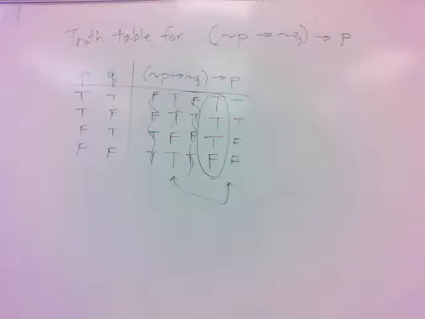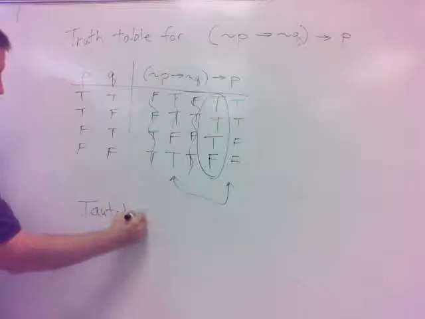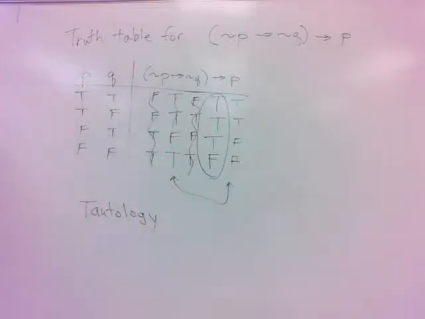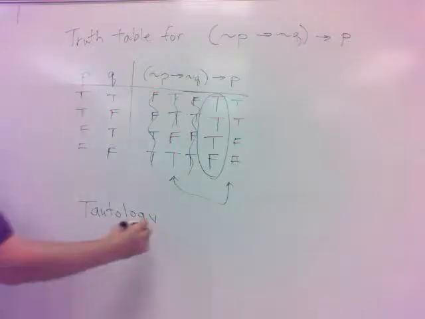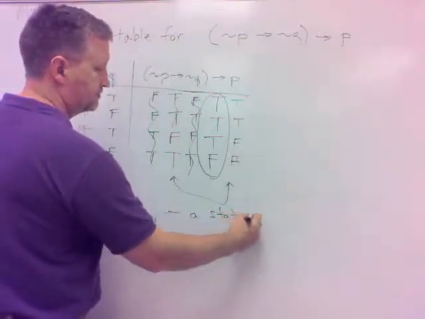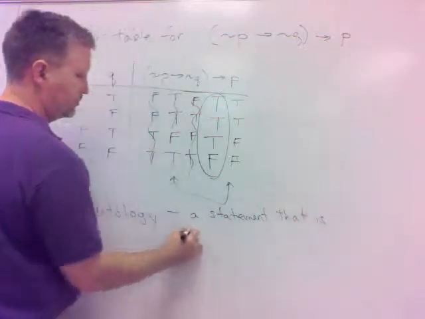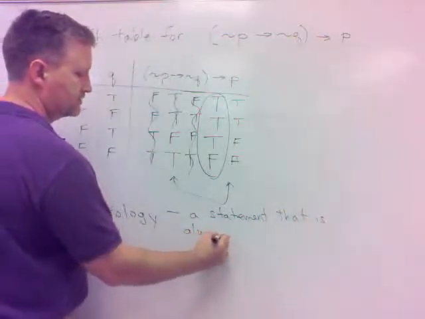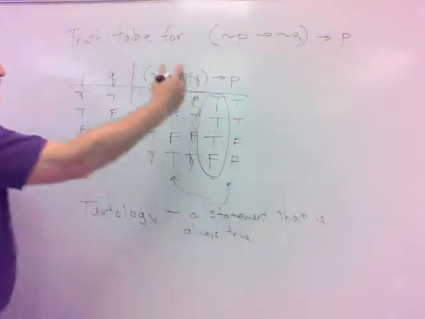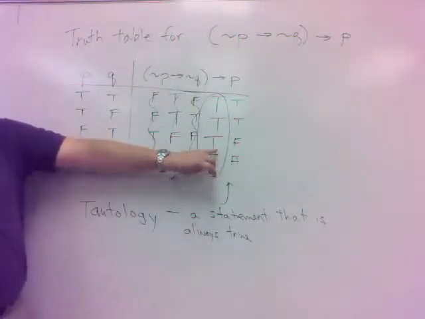One other thing that the book asks about are tautologies. Is it a tautology? Well, here's the way that works. A tautology is a statement that's always true. We started out there to be a tautology, but we didn't get the true in the fourth one.